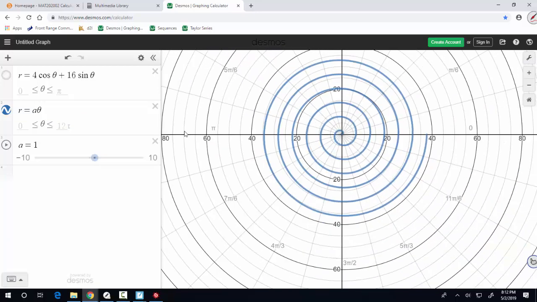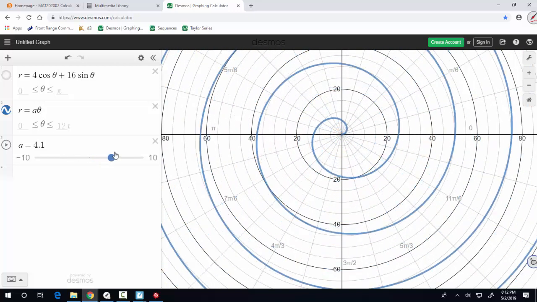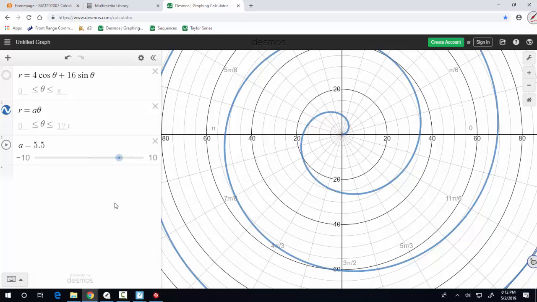So there's our r equals theta. r equals 5.5 theta. Yeah, those are logarithmic. The golden spiral is a logarithmic spiral.